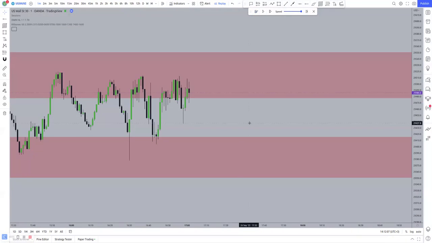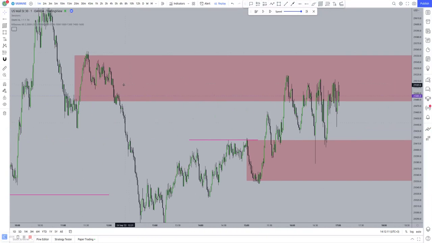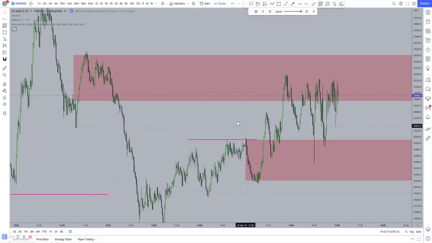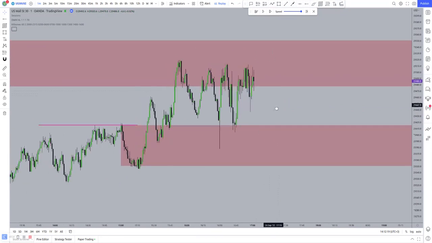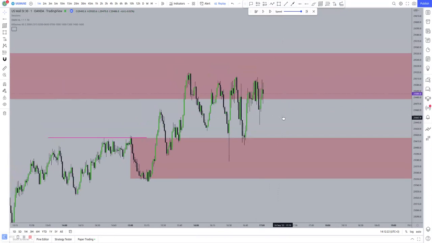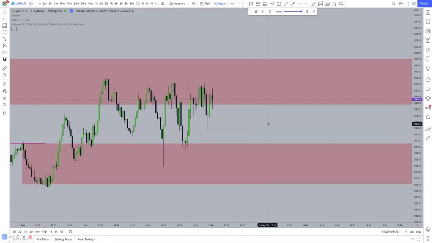And okay. So now this structure is holding price, and this structure is also holding price. So for me to know which trade to take, either buy or sell, I went to M1 to see which one is going to give me a structure to buy or a structure to sell.